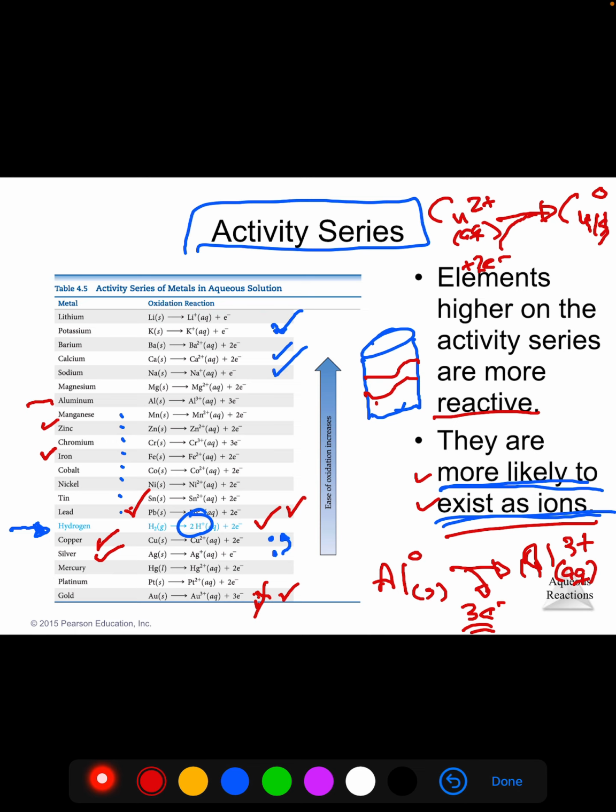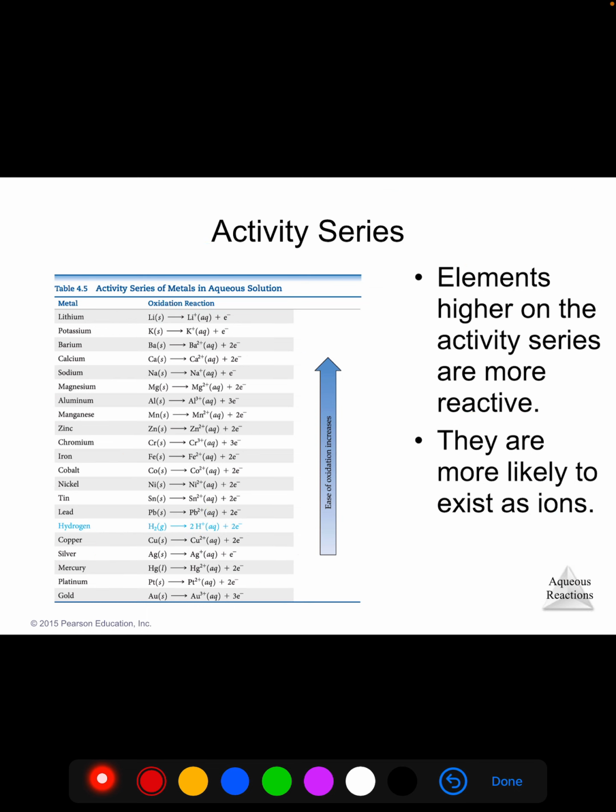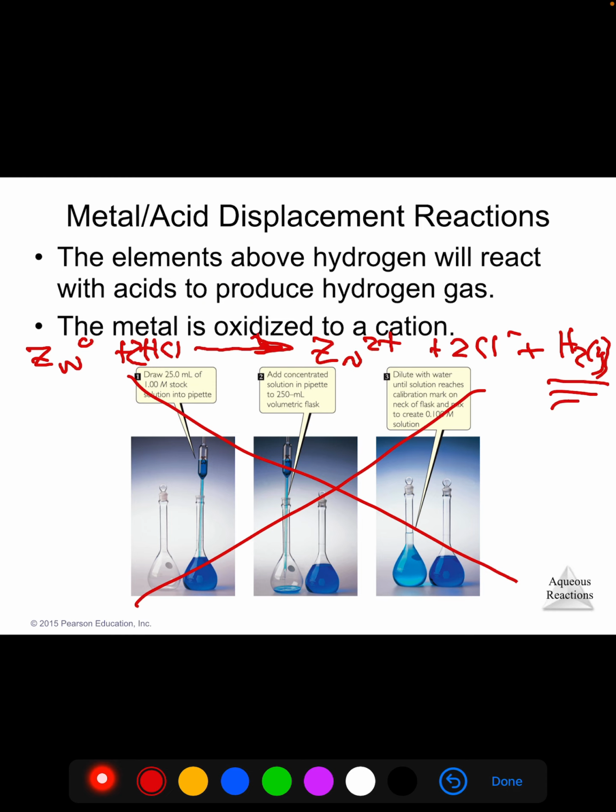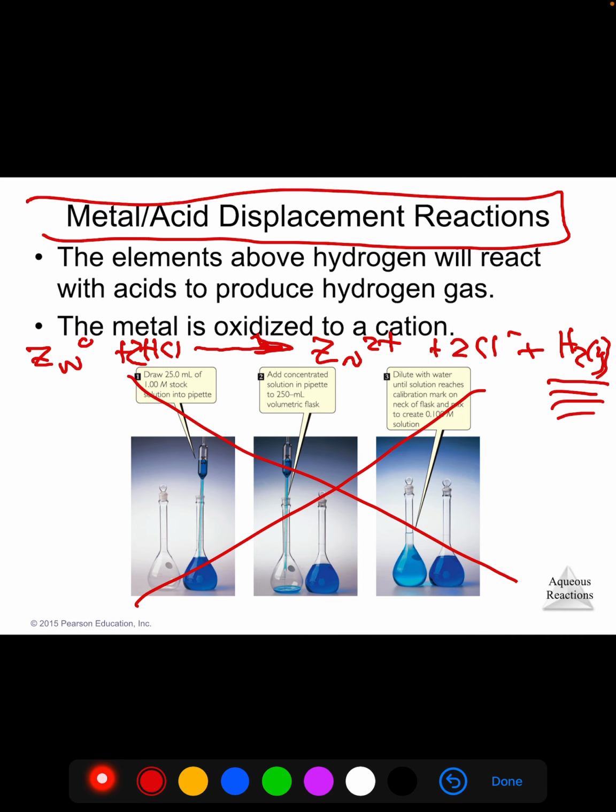I don't have that reaction down here, but anyway, zinc, any of these metals, so cobalt, nickel, tin, lead, aluminum, if you put them into acid, you will produce hydrogen gas. Can't do that with copper, silver, gold, or platinum, but I don't know why you would want to. That would be a very expensive batch of hydrogen gas. So this is a typical reaction of an acid with a metal to produce hydrogen gas.